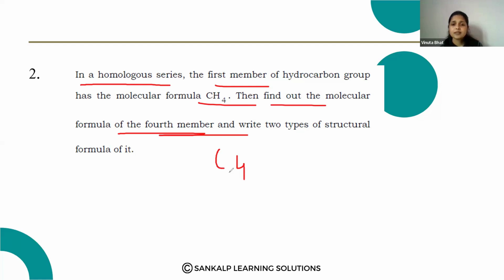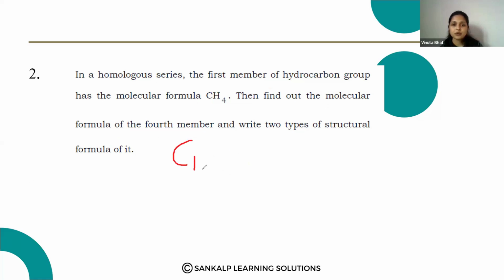Here the formula CnH2n+2 will apply. So C4H10, that is butane.